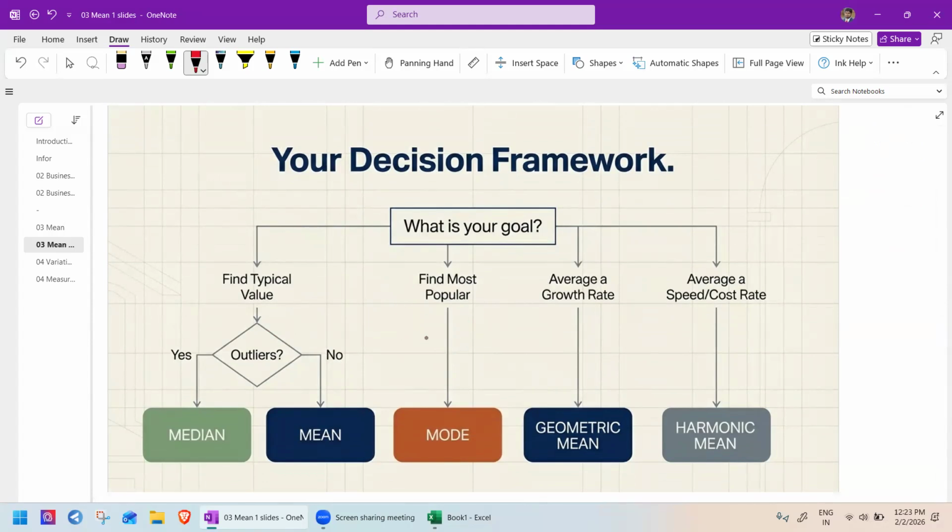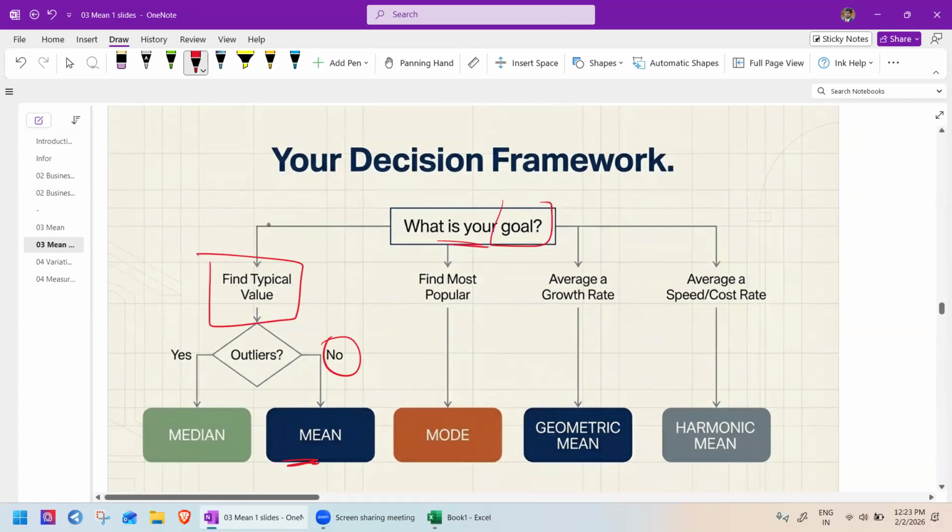We use the arithmetic mean. Our goal is to find typical values. If there are no outliers, outliers meaning extreme values, we can apply the mean.